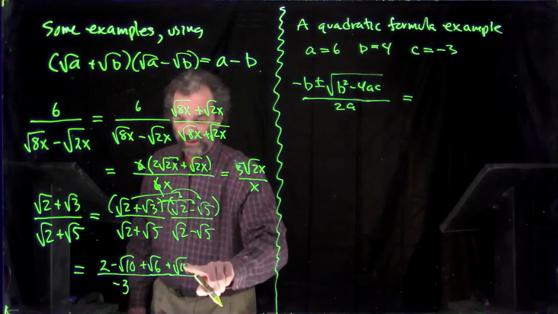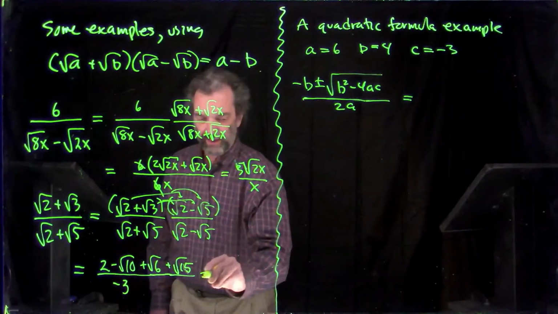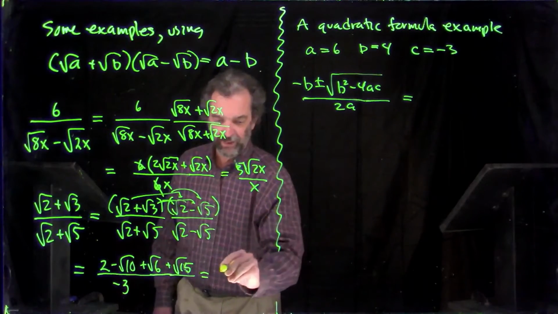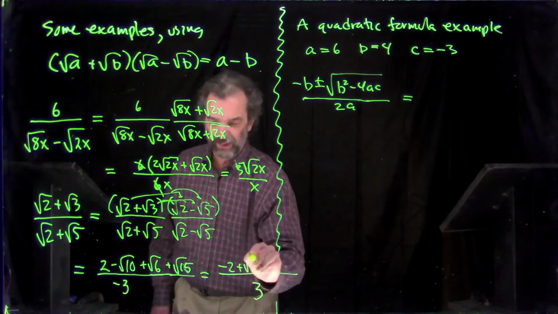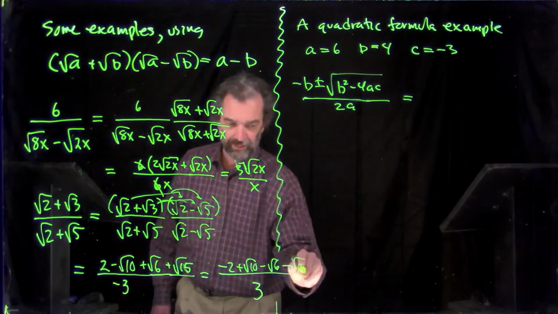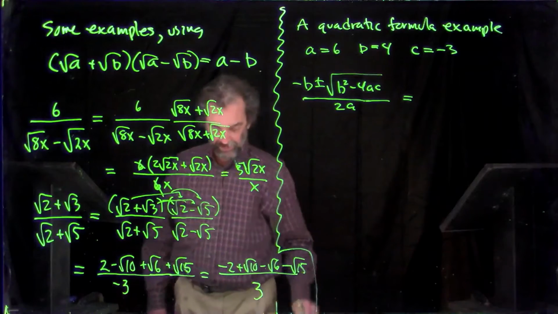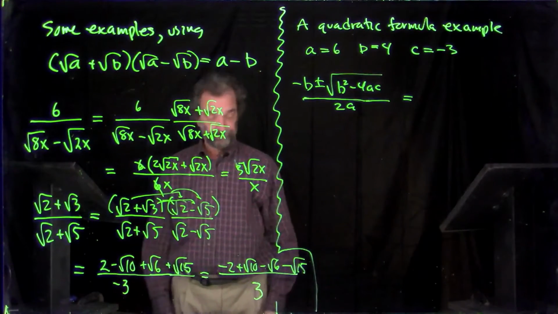Ordinarily, we could stop there. But I don't like this minus sign, so I'll make it a plus sign. So multiply top and bottom by minus 1: minus 2 plus root 10, minus root 6, minus root 15, all over 3. I'm checking the answer, make sure I didn't screw up. Looks like it's all right.